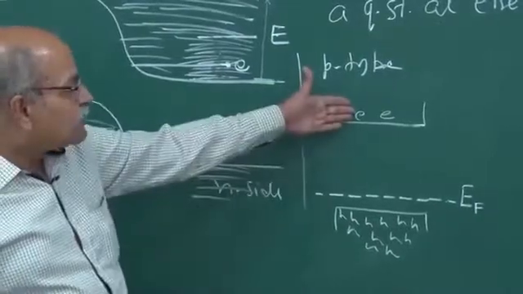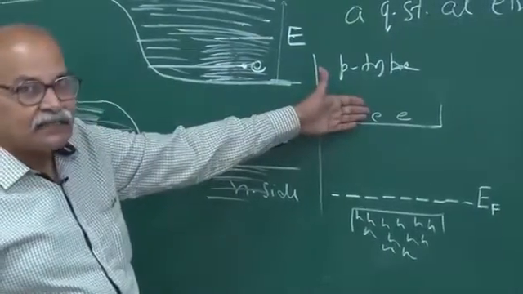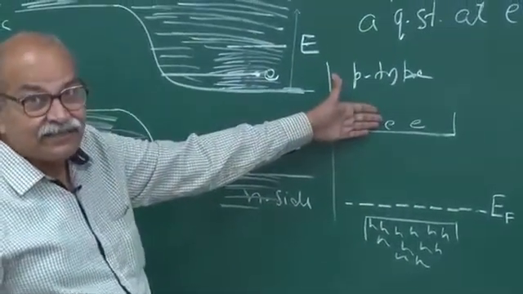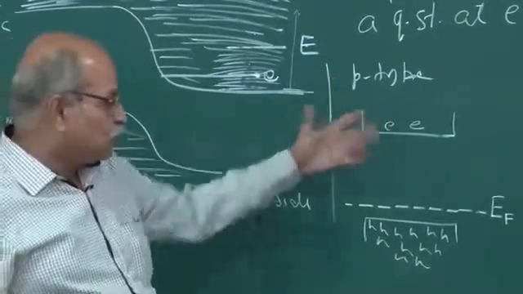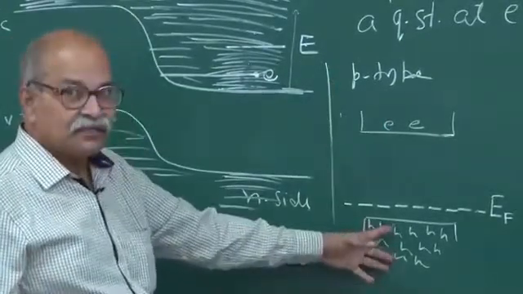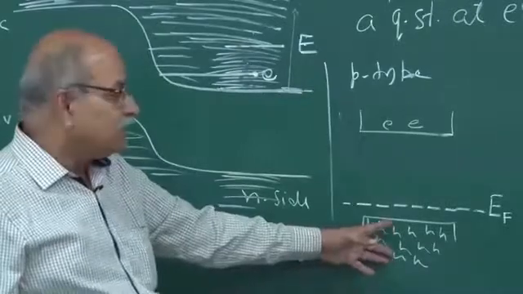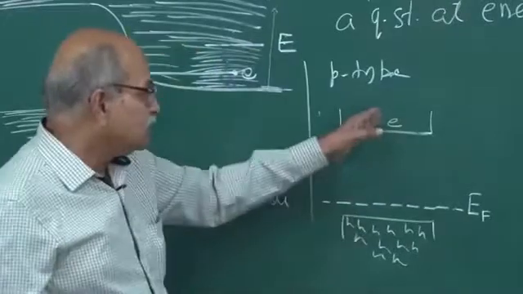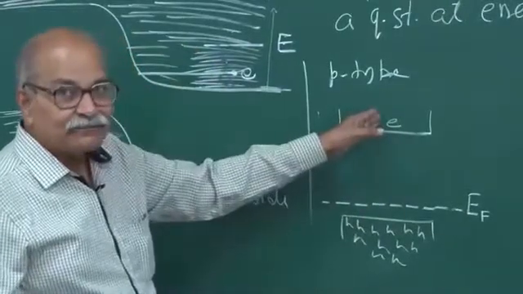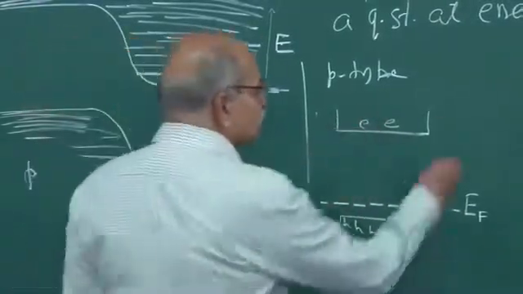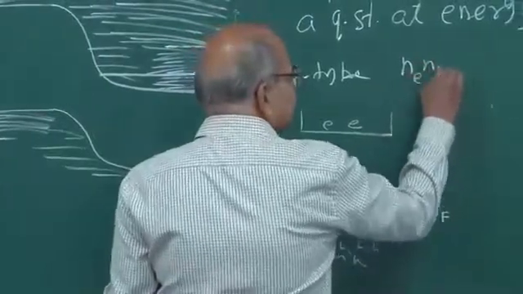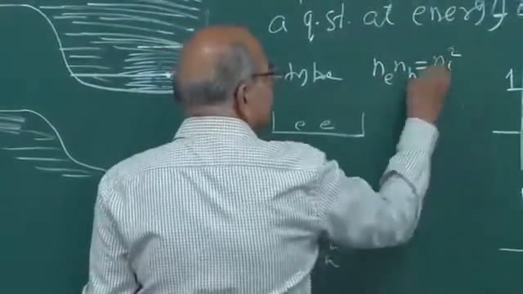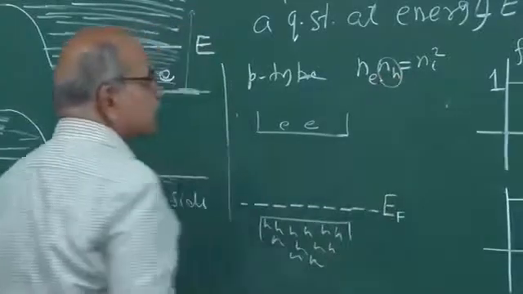Very few electrons are there, even fewer than in the intrinsic case. You know that when you put in p-type impurity, not only do you have a large number of holes, the electron number Ne also goes down, because you know that Ne times NH is equal to Ni squared. So if this increases, this decreases.